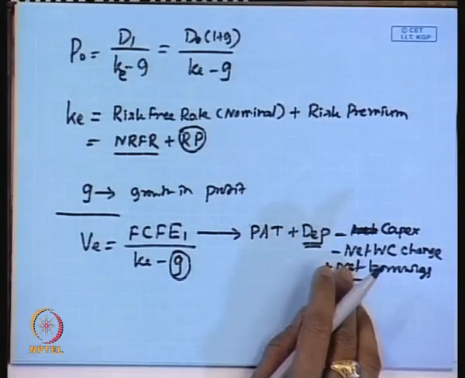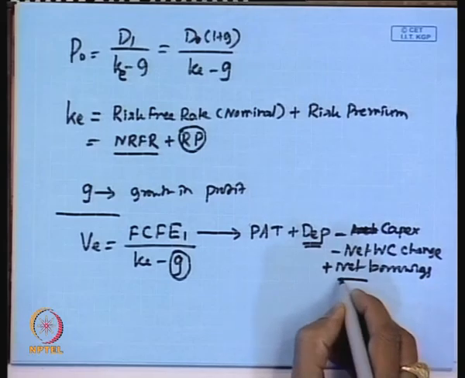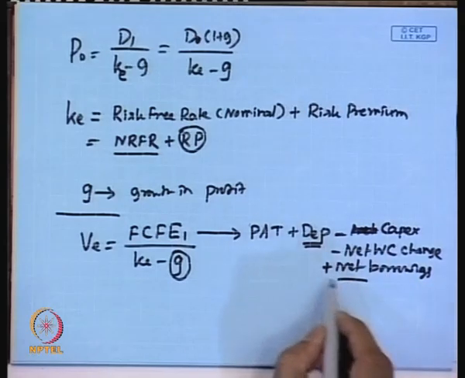The borrowing will depend, first, on whether we require finances for expansion. Second, even if you require finances, we may or may not feel comfortable going for borrowing as such. So, if the company goes only for equity financing, then net borrowing is going to be negative, depending upon this borrowing there is a repayment of borrowing that is going to take place.